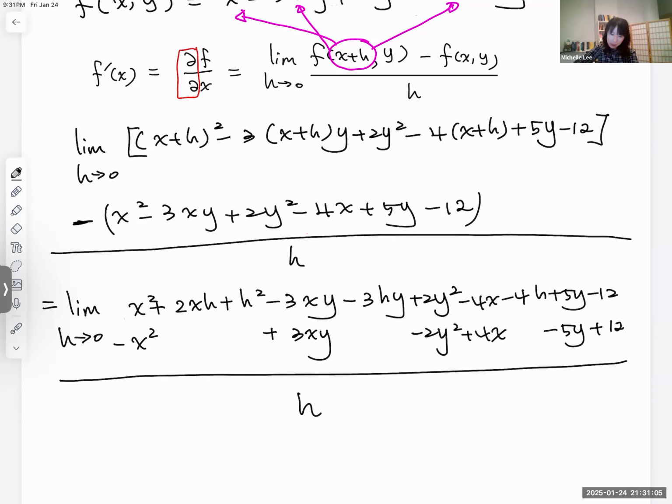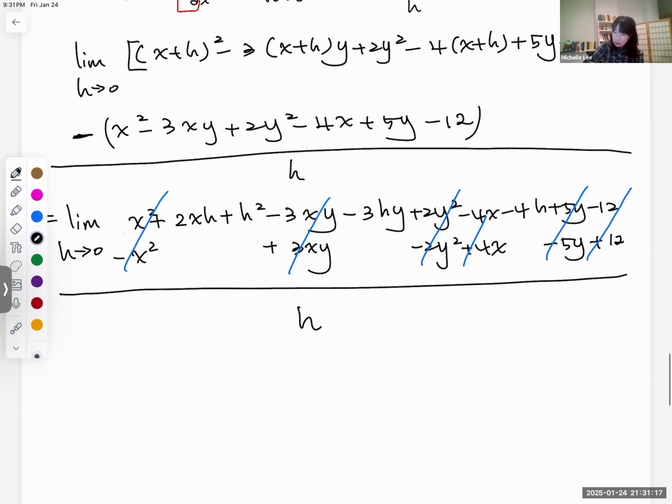Okay, let's simplify. So that will be the limit as h approaches 0.